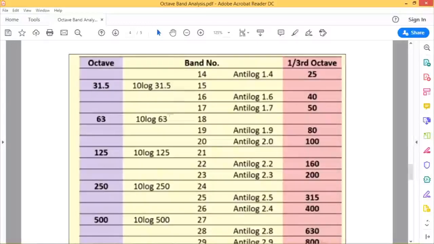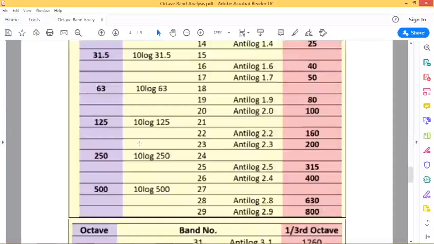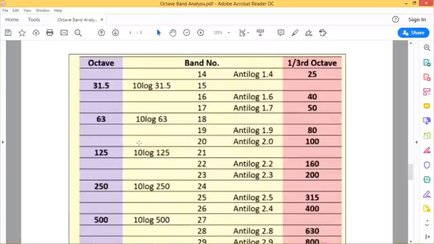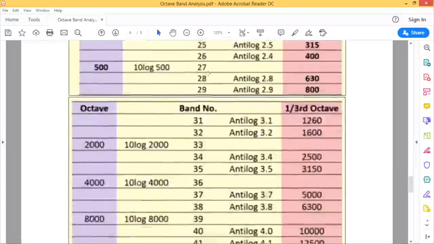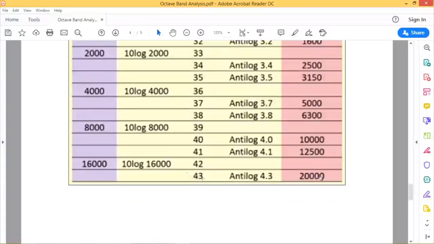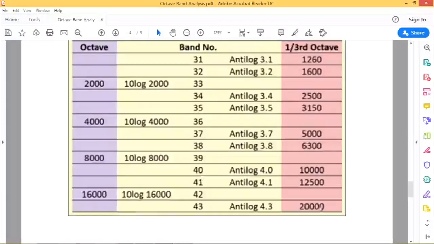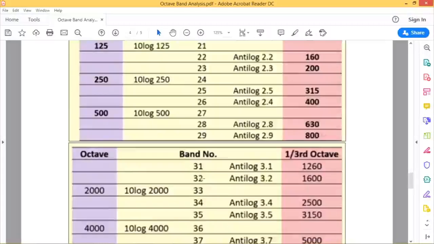So one band number before the first one and one band number after the last one, from 14 to 43, you are filling. You can also calculate on your own. From 14 to 43, you can take the anti-log of the band number divided by 10, and automatically you will get the original octave band central frequencies.